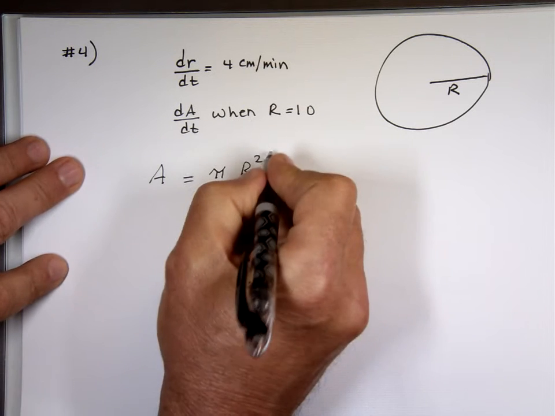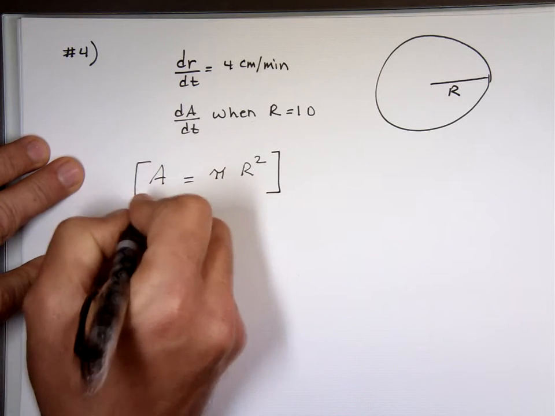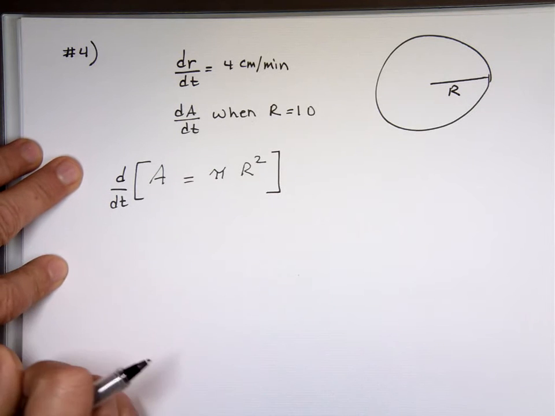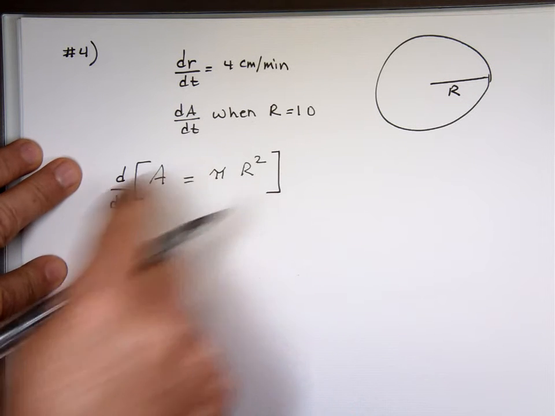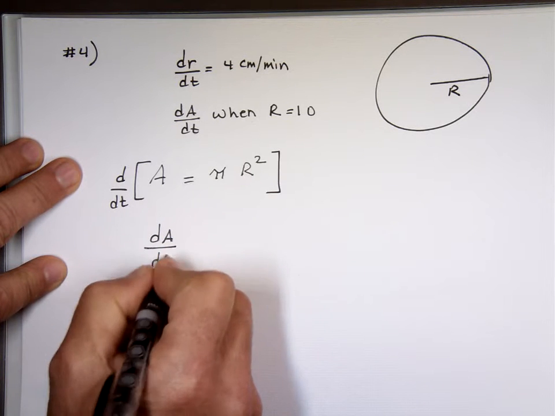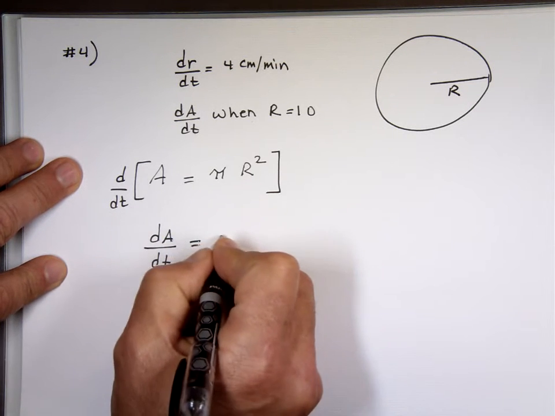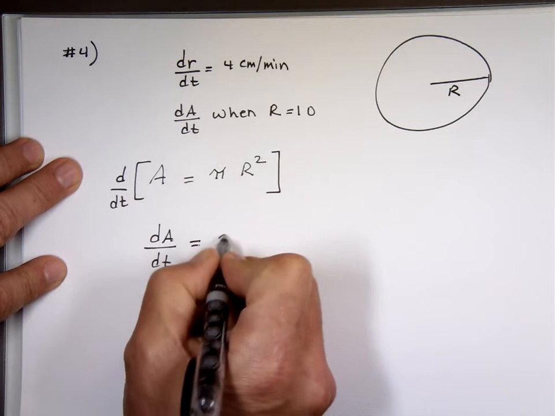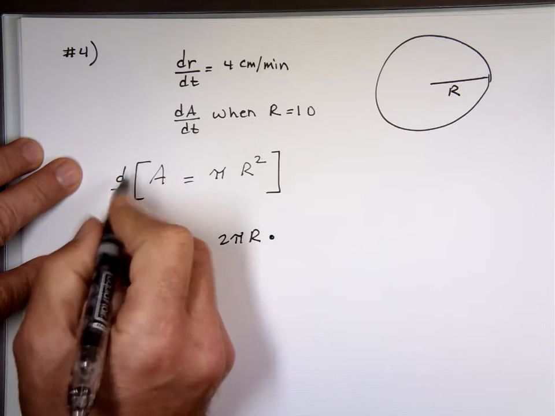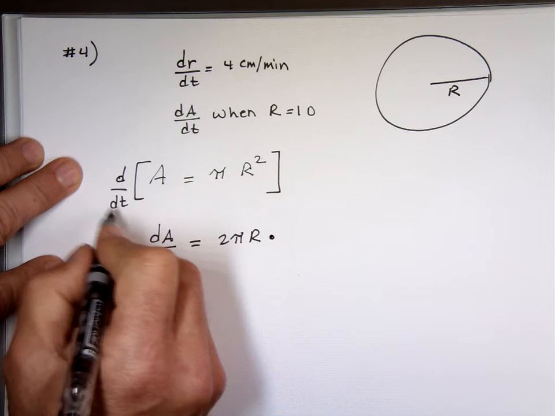Now let's take the derivative with respect to time, d dt of both sides. That would be dA dt. Pi is a constant. 2 times pi times r, but we're not done, times what? dr dt.